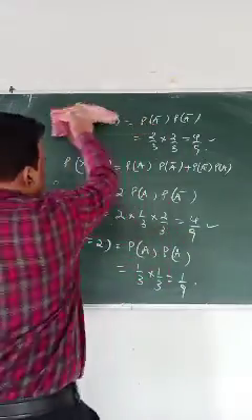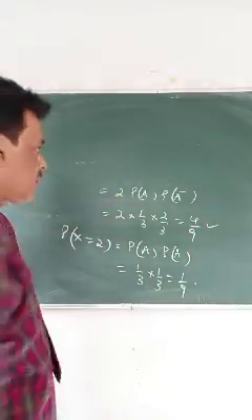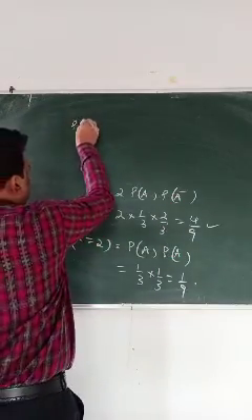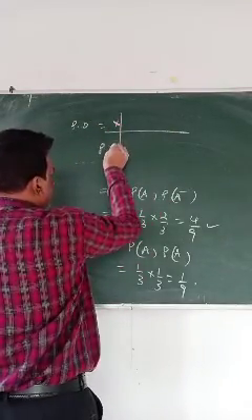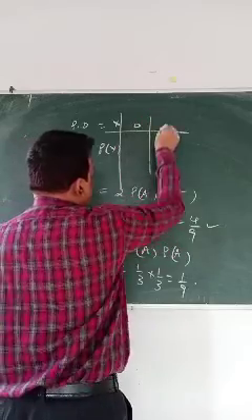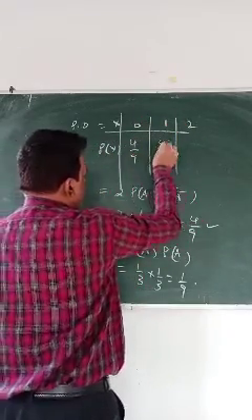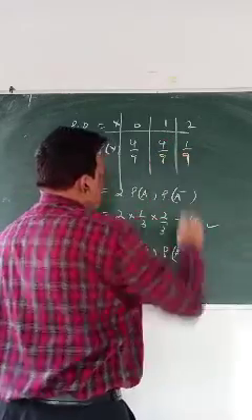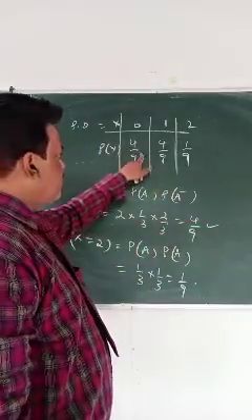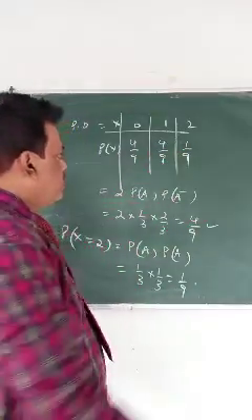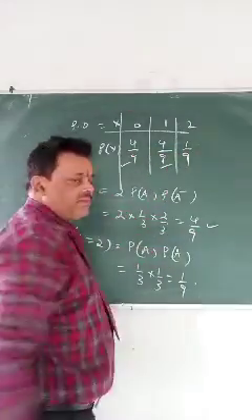So first you write the probability distribution: x values 0, 1, 2, with P(x) 4 upon 9, 4 upon 9, 1 upon 9. Remember, total probability should be 1. If you add these 3, it will be 1. The most likely means the maximum value.